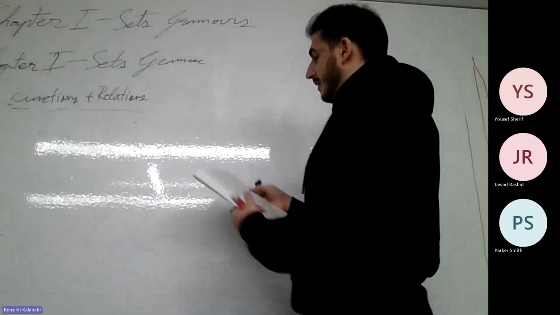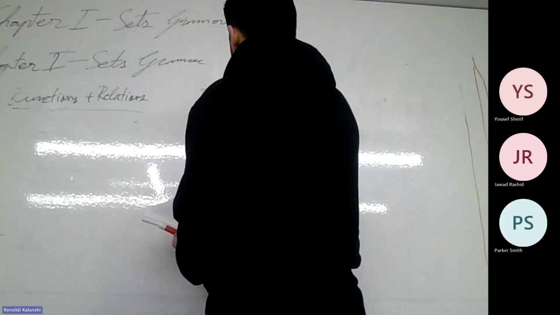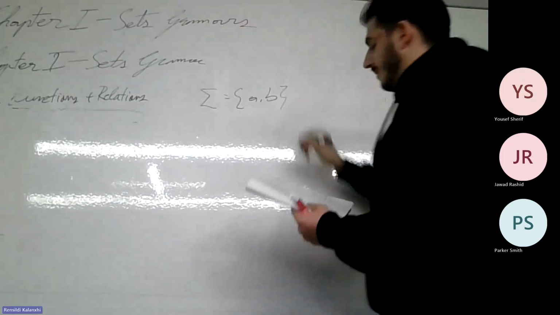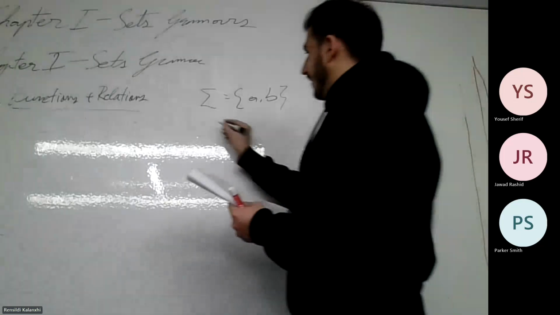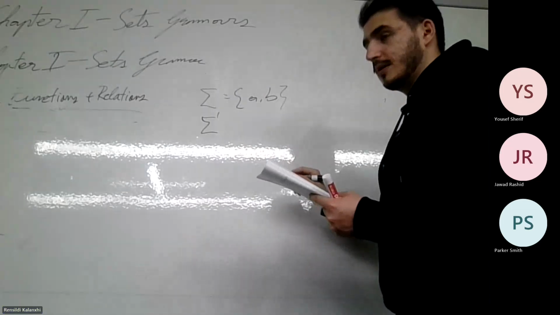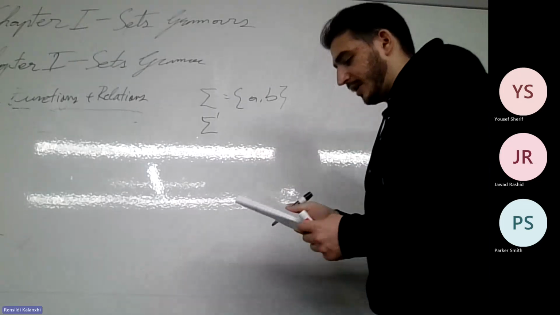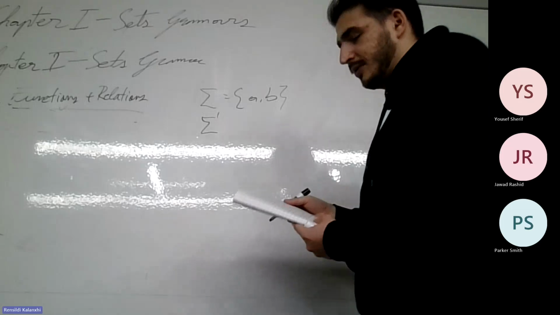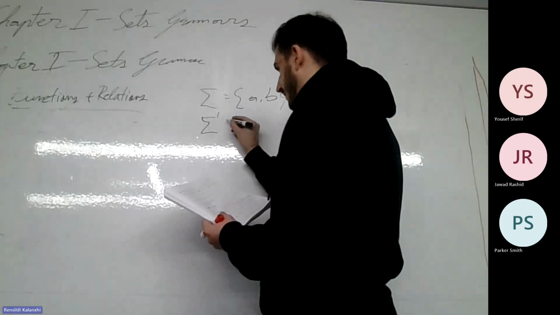Something like this. So let's say the alphabet consists of A and B. Oh, the powers, you mean? Yes, but they also include 0, which is going to be lambda, stuff like that.